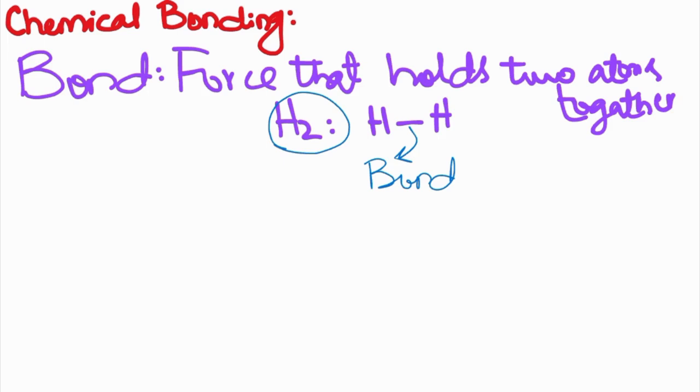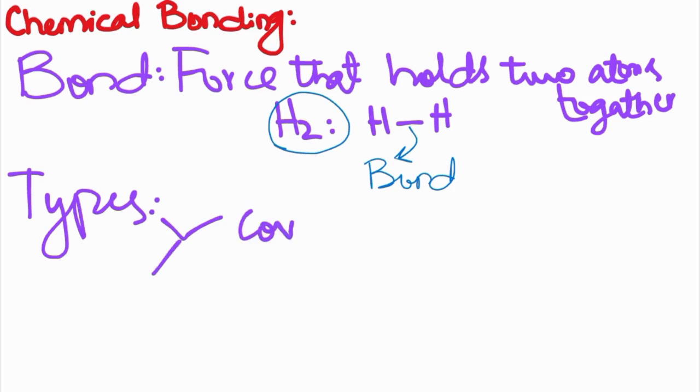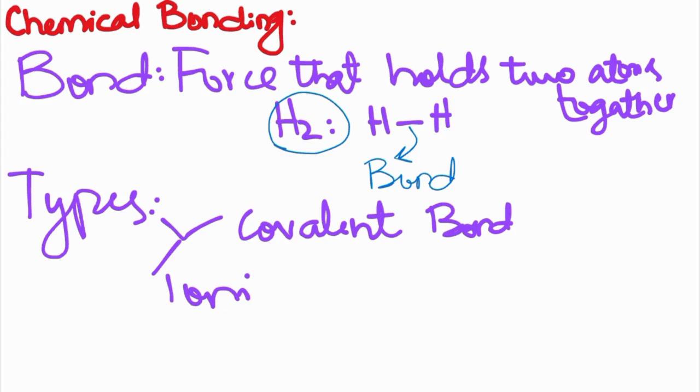Next, we are going to talk about the types of chemical bonding. In the context of chemistry, basically there are two types of bonds. The one is called the covalent bond, and the other type of chemical bonding is called ionic bonding.